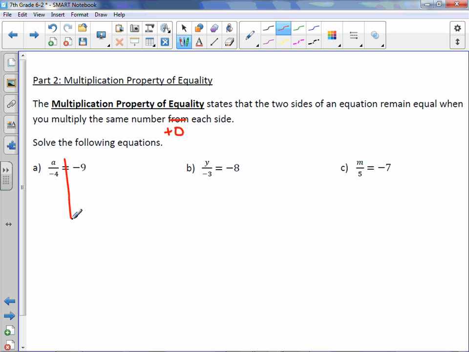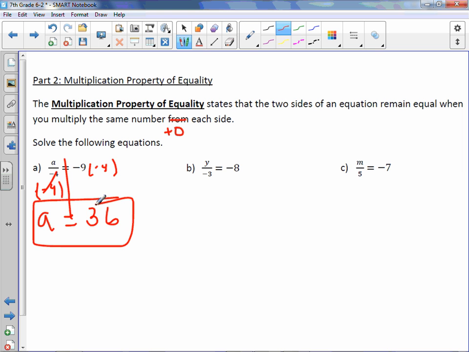To get rid of the divided by negative 4, we are going to multiply by -4 on both sides. Those cancel and leave you with A equals -9 times -4 is positive 36.